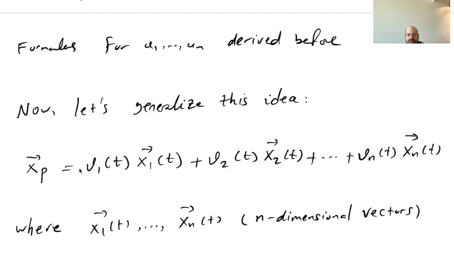You add them together and it becomes an n-dimensional vector, which is our particular solution. This particular solution is a function of t, because each of these is a function of t. So if I want to specify, I should say xp of t.